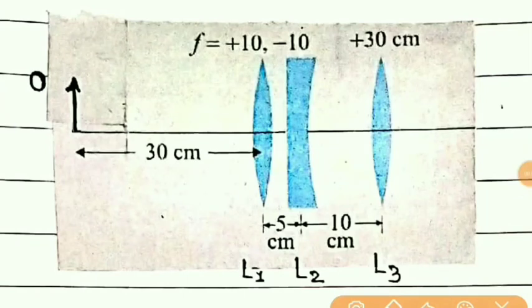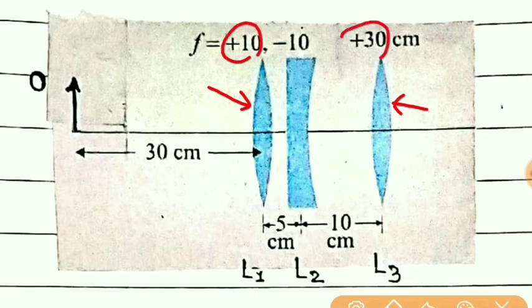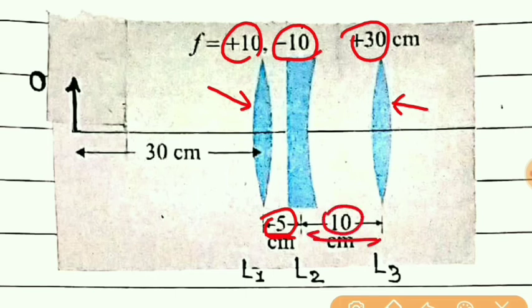Now students, here the first lens and third lens, as they are convex lenses, their focal lengths are positive, while the second lens is a concave, so its focal length is negative. Distance between first and second lens is given 5 cm, and distance between second and third lens is given 10 cm, and the object is placed 30 cm away from the first lens.